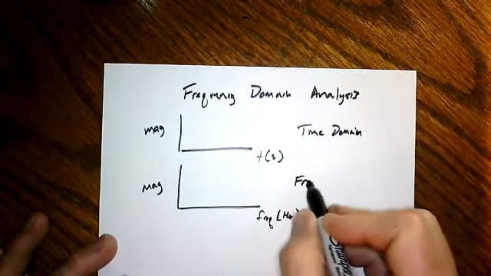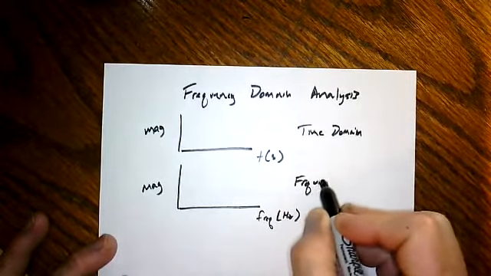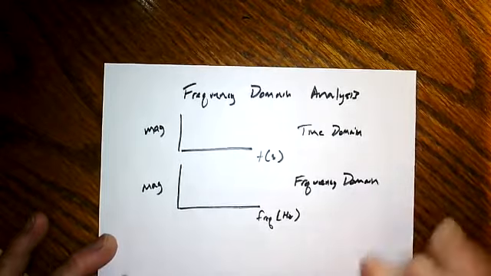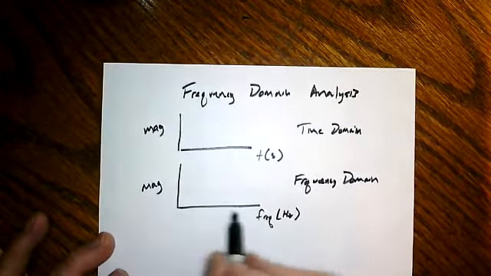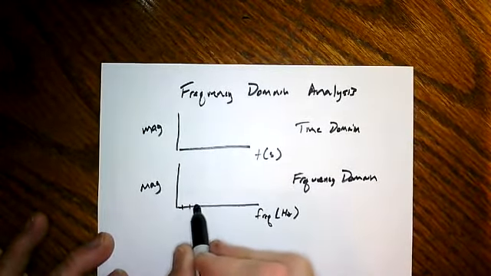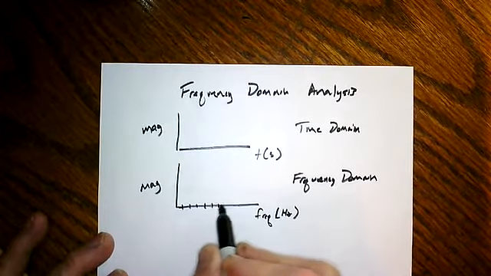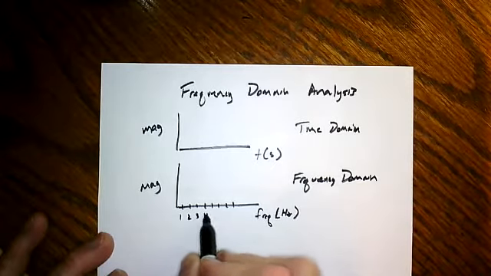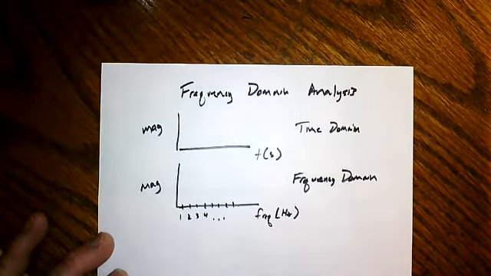And down here, we're going to have a frequency domain analysis. In a frequency domain analysis, what is on the x-axis are specific frequencies listed here. And maybe this is 1, 2, 3, 4, and so forth.